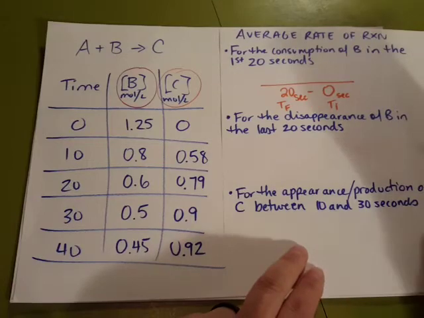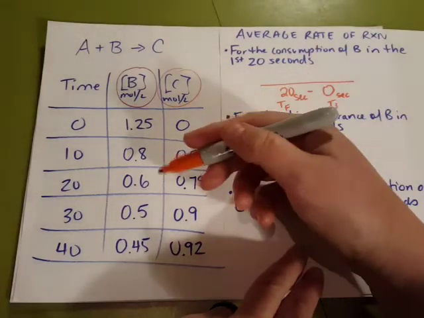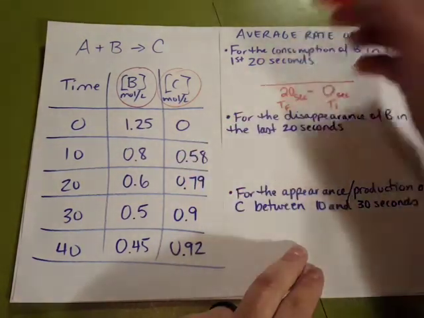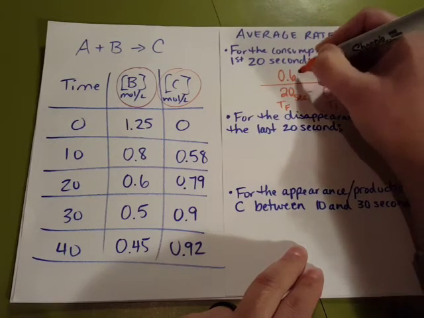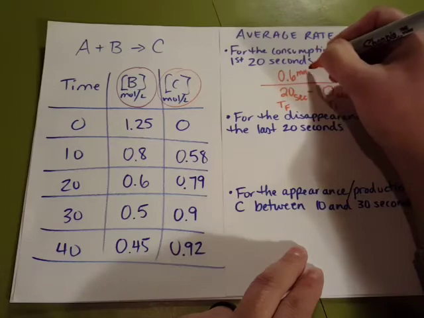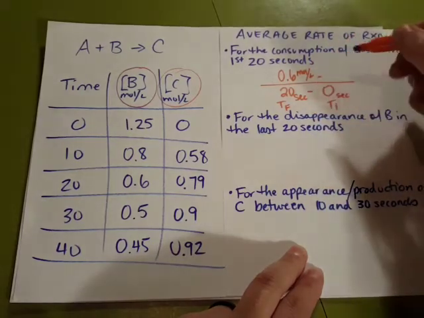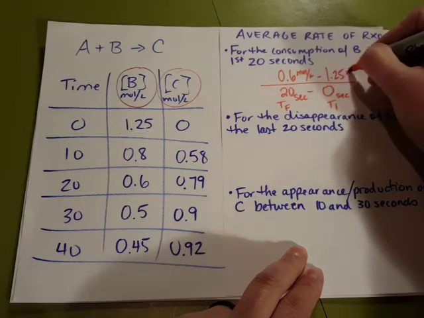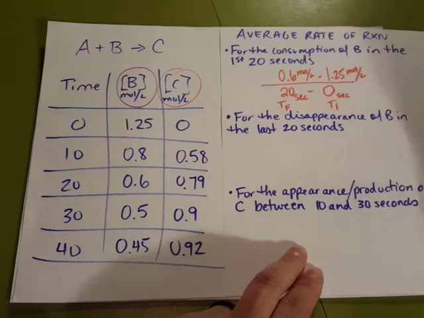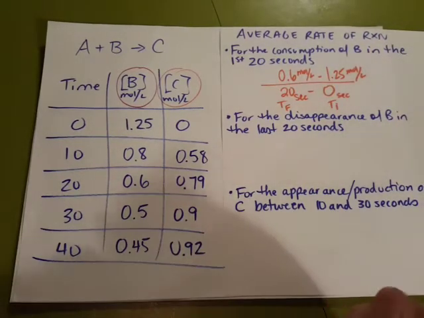So in terms of concentration, we ended up with 0.6. And the units here would be moles per liter. And we began with 1.25 moles per liter.